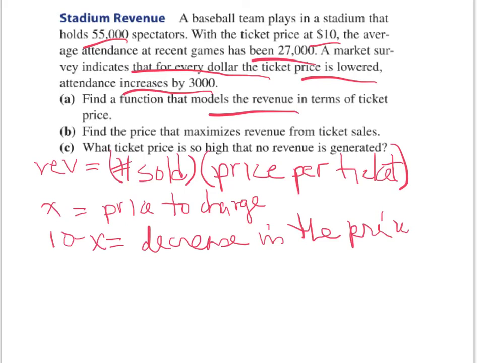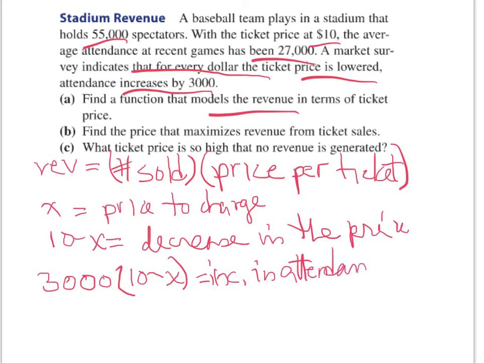So 10 minus X is the number of dollars, and every dollar gives us another 3,000 in attendance. So we get 3,000 times 10 minus X is the increase in attendance because we decreased the price.